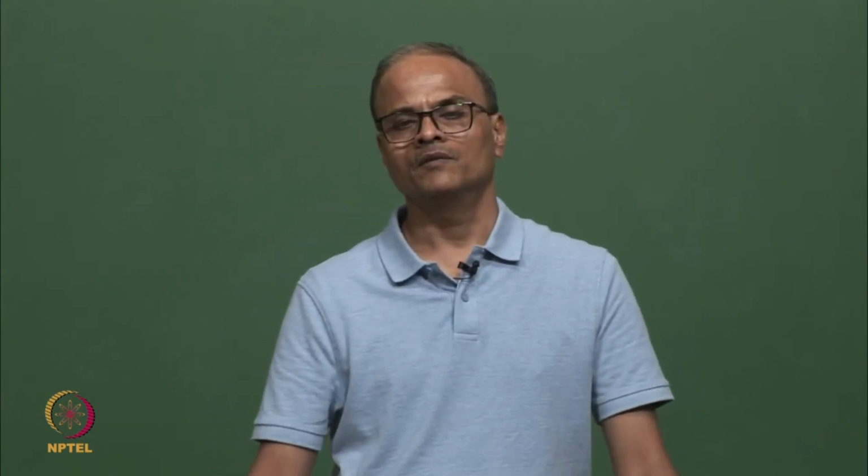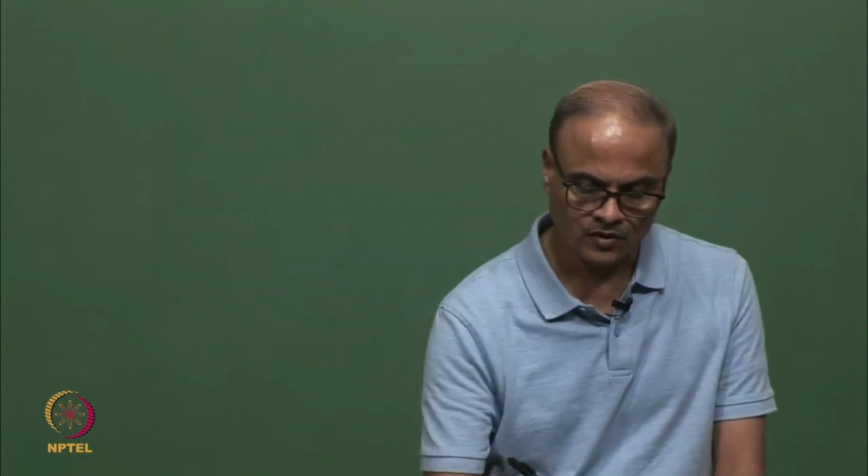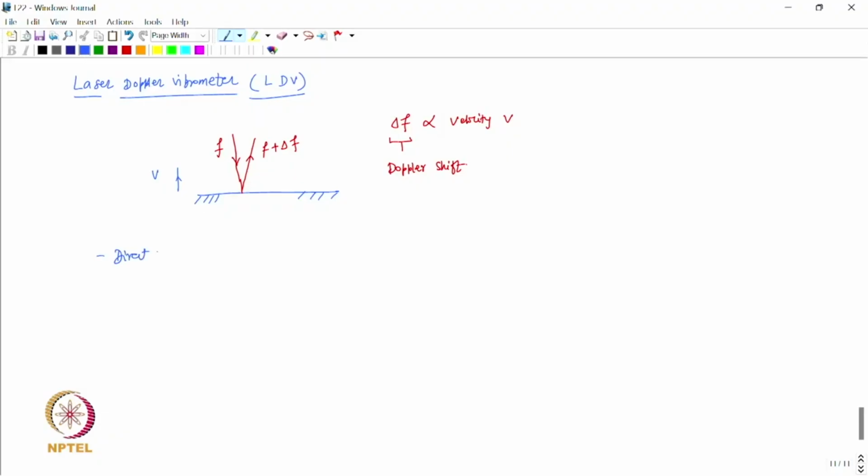Therefore, a direct measurement of the Doppler shift, that is delta f, is difficult and will not be accurate, and that is why an indirect technique, the phenomenon of interference, is used to measure the Doppler shift.